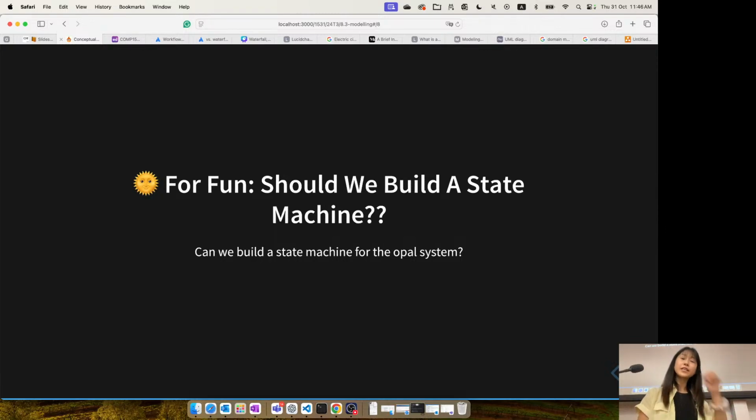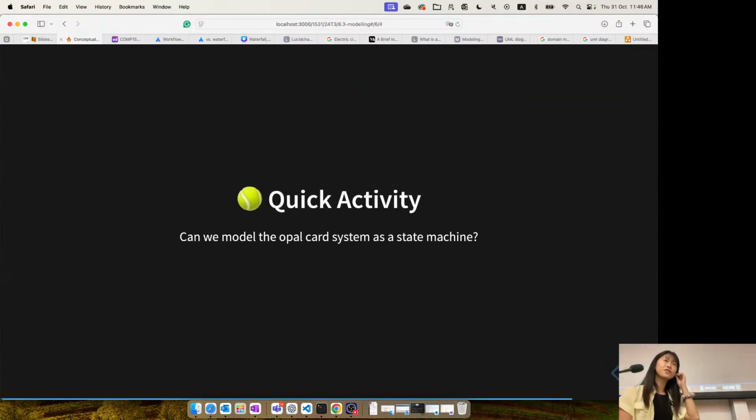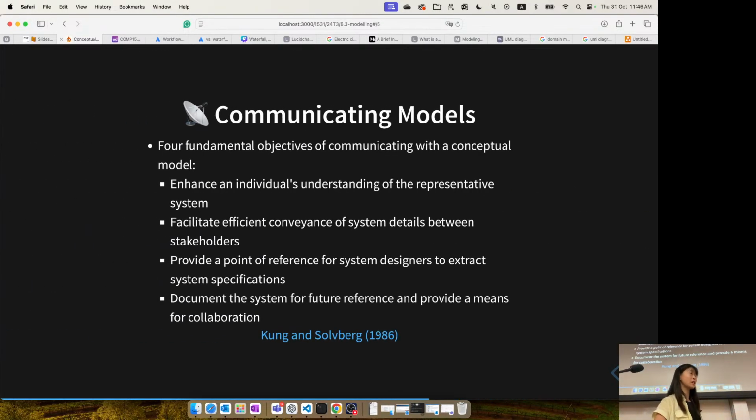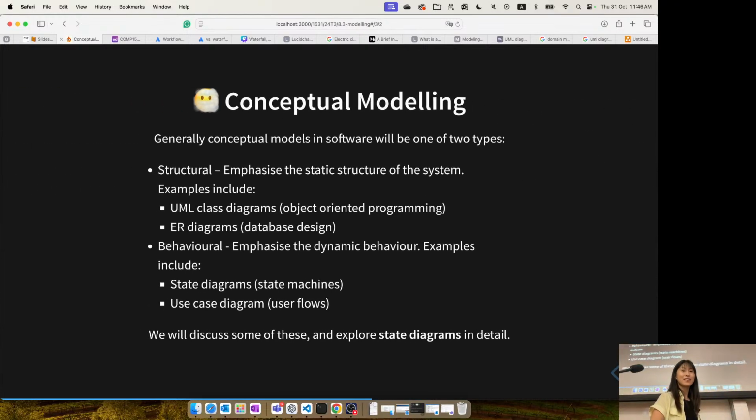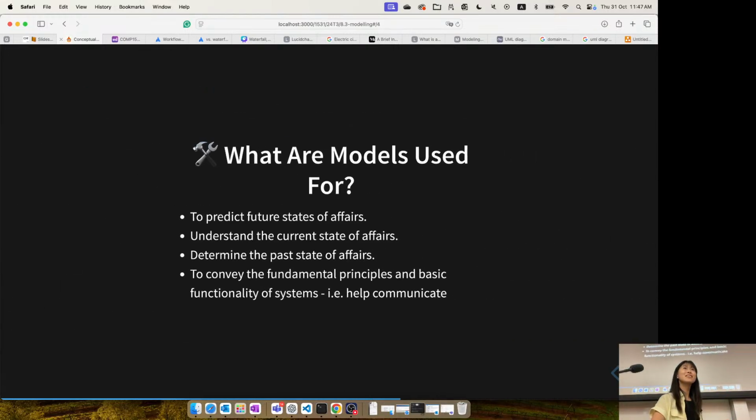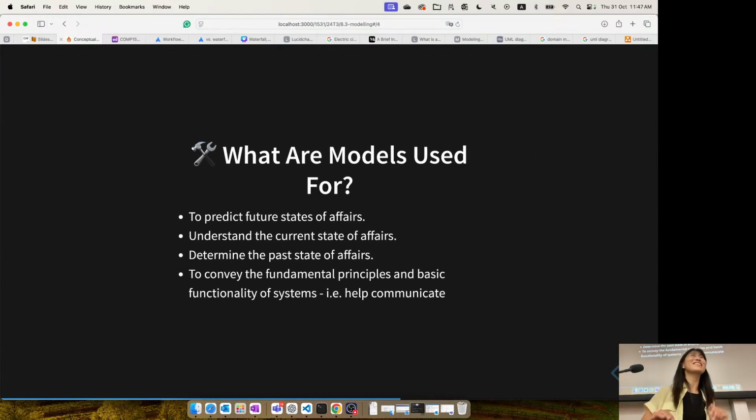So here's the question: we use state diagrams to describe state machines, but what is a state machine? Any guess? Just guess it.